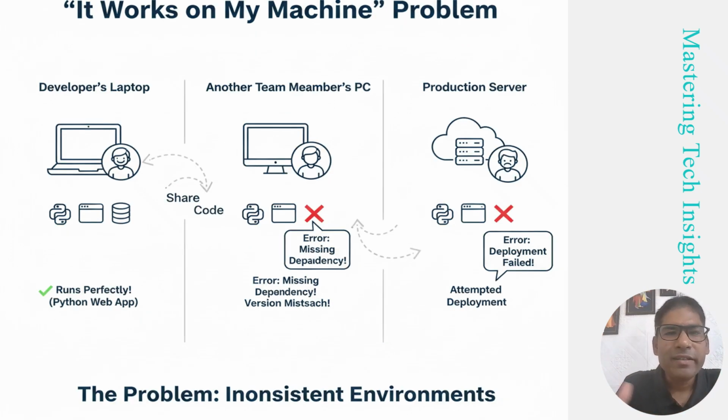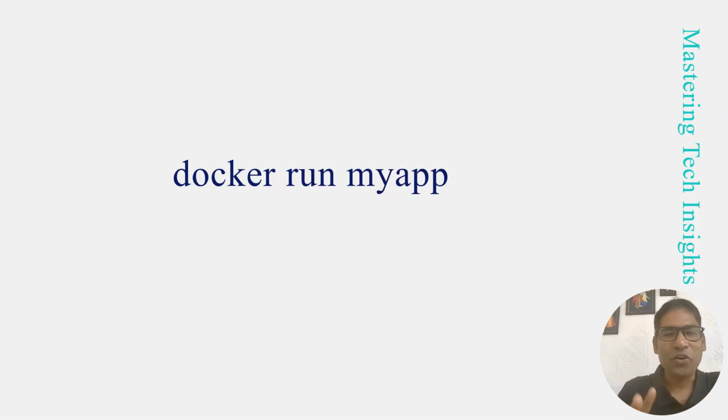So let's take a real world example. Let's say your team develops a Python based web app on your laptop. It runs fine, but when you send it to another team member or deploy it to the server, it fails because of a missing dependency or version issue. With Docker, you can create a Docker image that has everything your app needs.